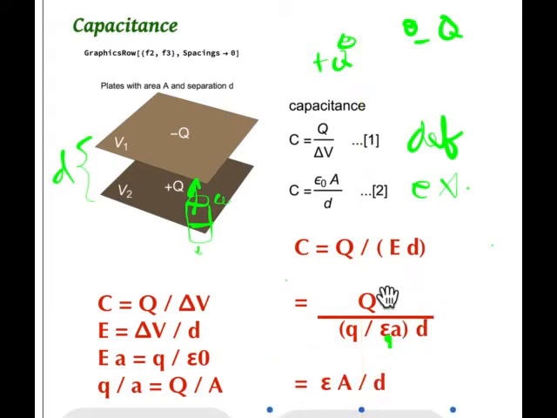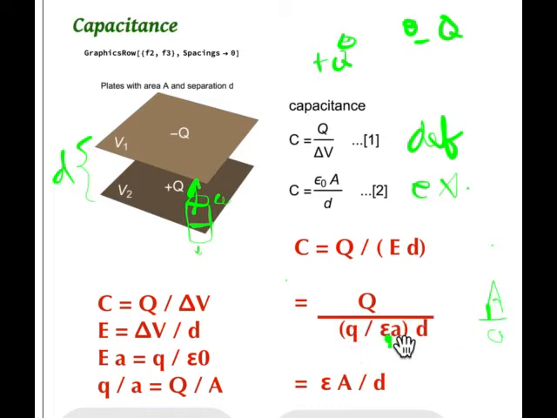And now finally, capital Q divided by little q is capital A divided by little a. So I can replace Q divided by q by A divided by little a. So then I have A in the numerator.